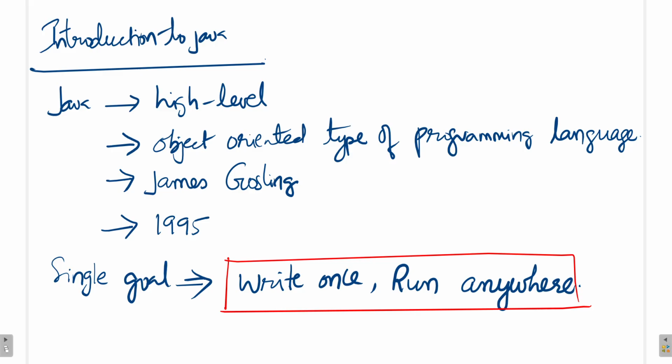Now we have some specialties of Java, so we list them out. Java is known for its simplicity. It is very simple to learn and very simple to understand.